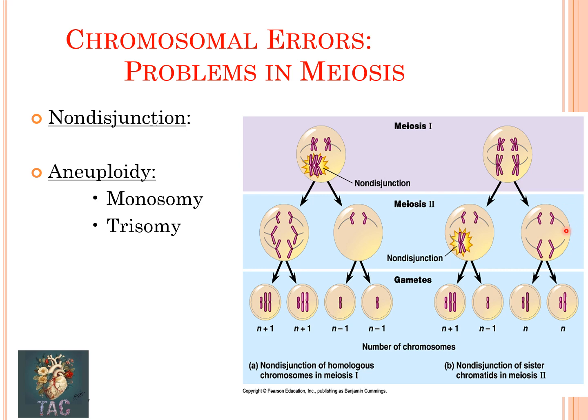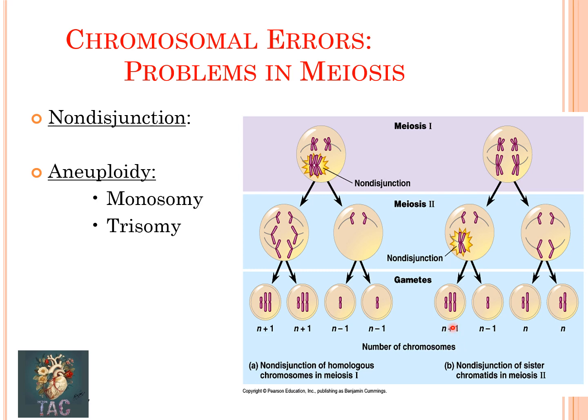This can occur in meiosis 1 and it can also occur in meiosis 2. If it occurs in meiosis 2, two of the gametes will be normal, one will be monosomic with n minus 1 chromosomes, and the other will be n plus 1, that is 24 chromosomes.